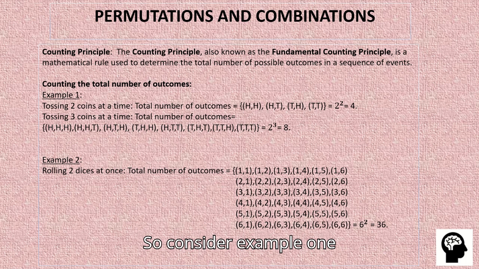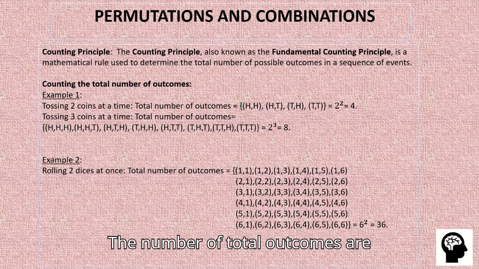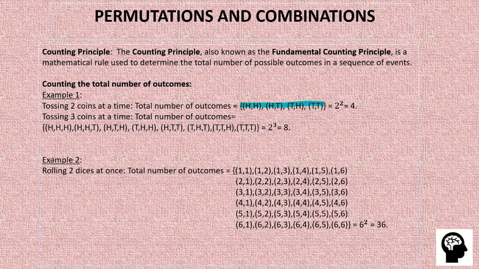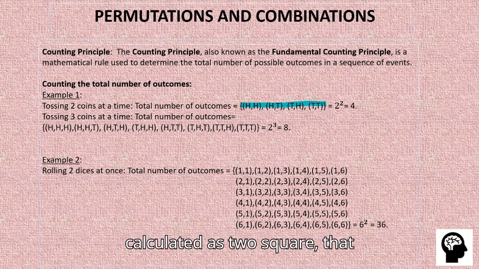So consider example 1, tossing 2 coins at a time. For tossing 2 coins at a time, the number of total outcomes are calculated as 2 square, that is 4.